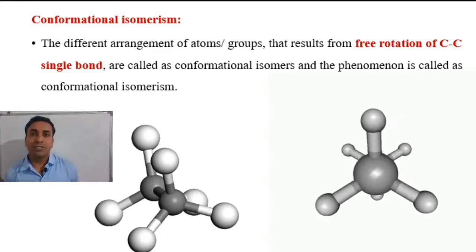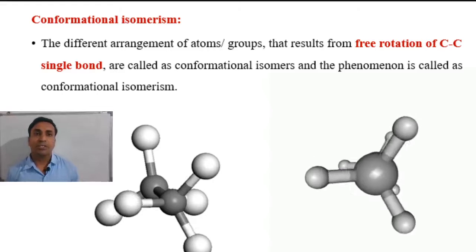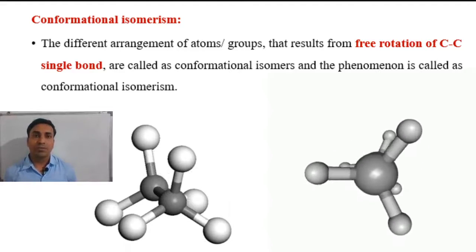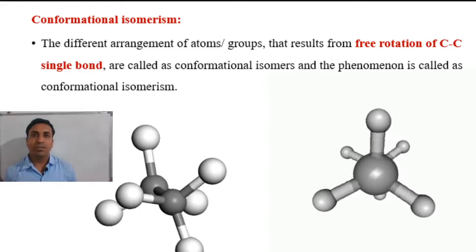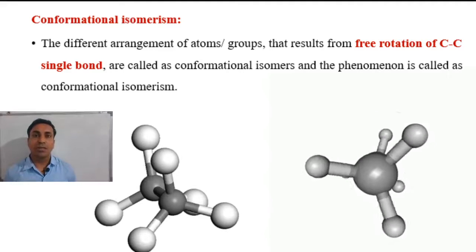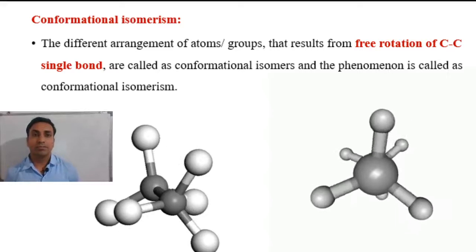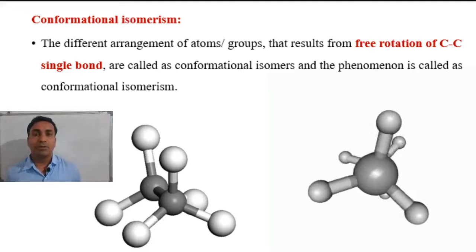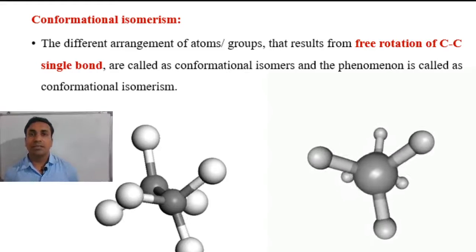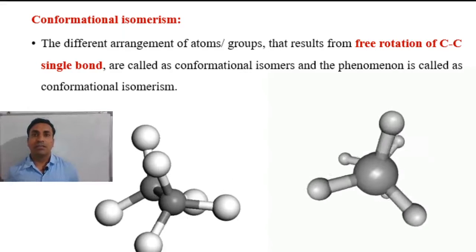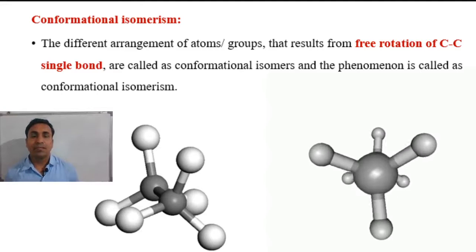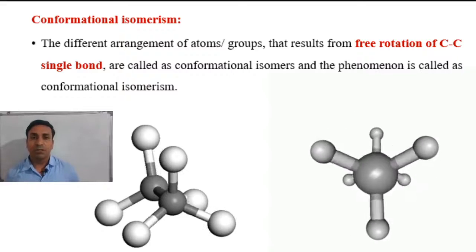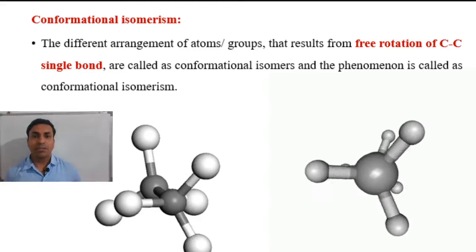What are conformations? Conformations are different arrangements of atoms or groups that result from free rotation of a carbon-carbon single bond. So if there is a single bond, then rotation is very easy and possible. You can see in these images an ethane molecule or any such molecule.